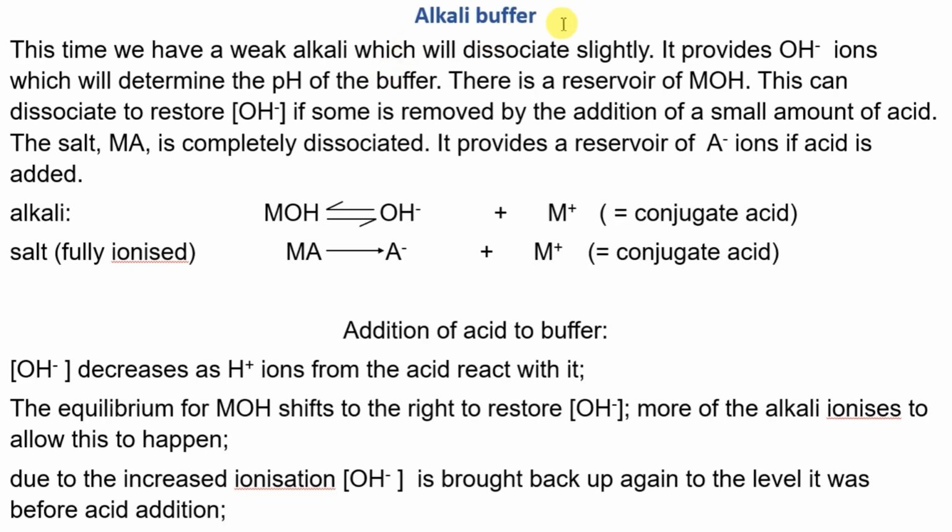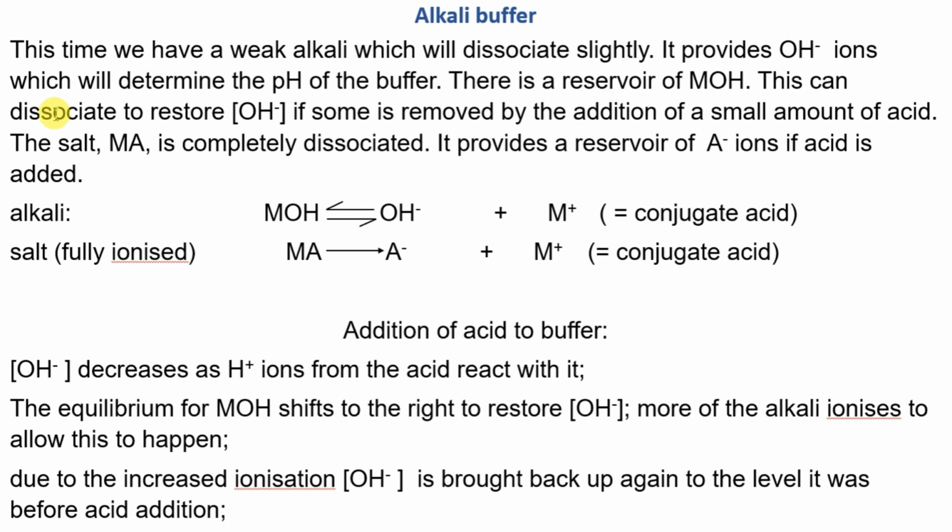For an alkali buffer, this time we have a weak alkali which will dissociate slightly. It provides OH- ions which will determine the pH of the buffer. There's a reservoir of MOH. Here's my weak alkali, only slightly dissociated, providing that reservoir of MOH molecules.